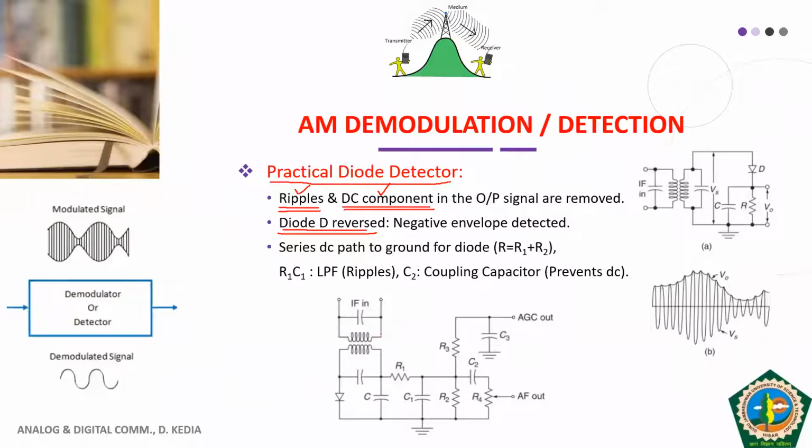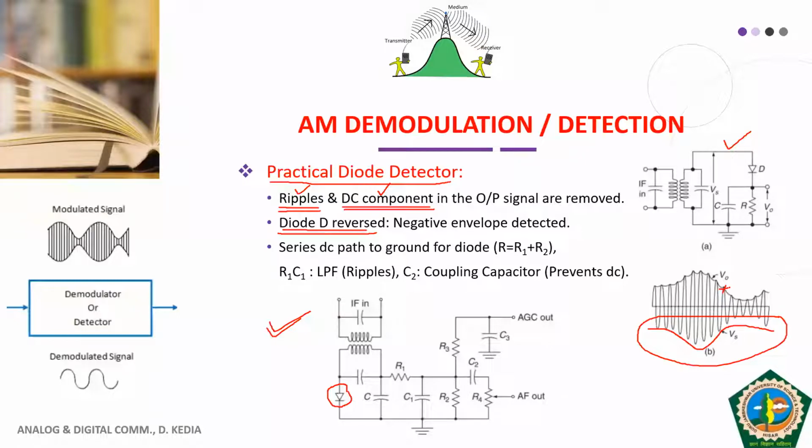This is the circuit of your practical diode detector, which I have reproduced here for your reference so that you can correlate your normal diode detector with the practical one. Here your diode has been connected in such a way that it will detect the negative envelope. It will not detect the positive envelope part, and it doesn't matter as far as the detection of the AM signal is concerned.